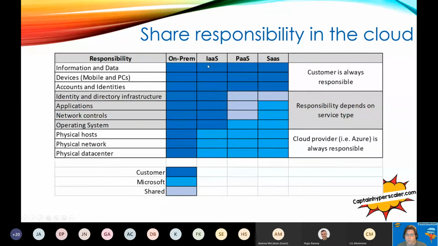But what we'll talk about in the next slides is that even though you might be using an IaaS type environment, where you are in control of everything except for the physical within the security posture, what Microsoft has built in Azure is services that can layer on here and increase your security posture.